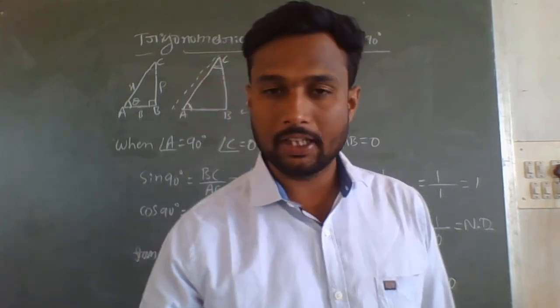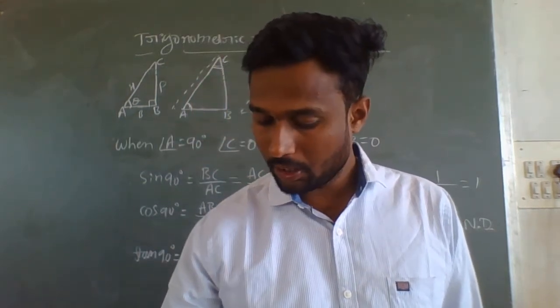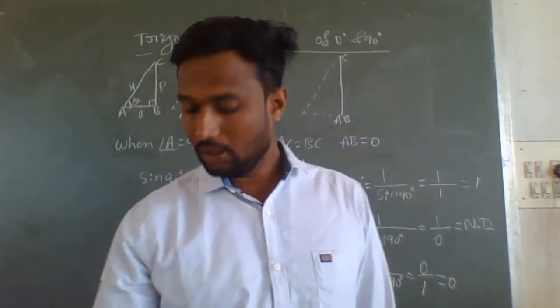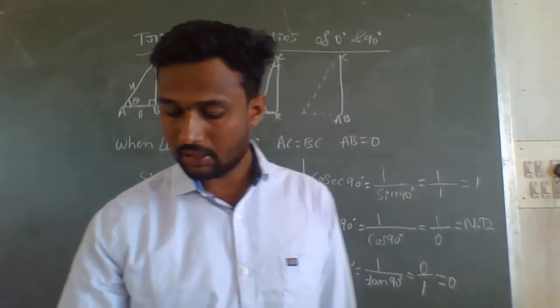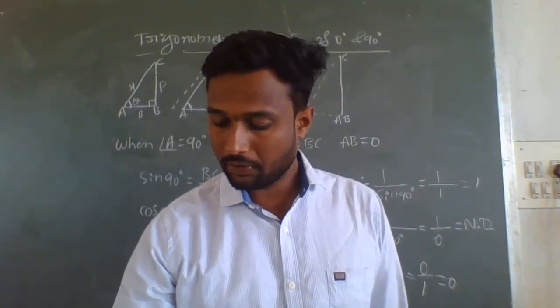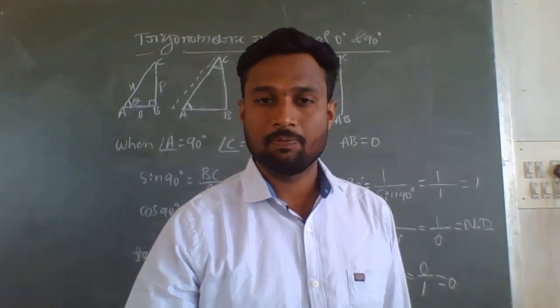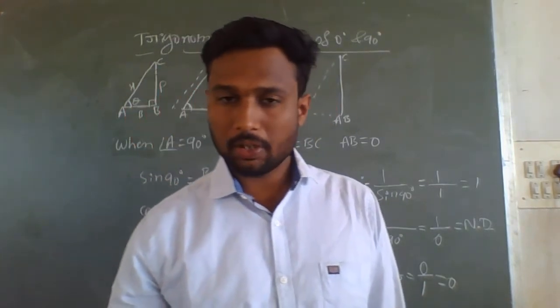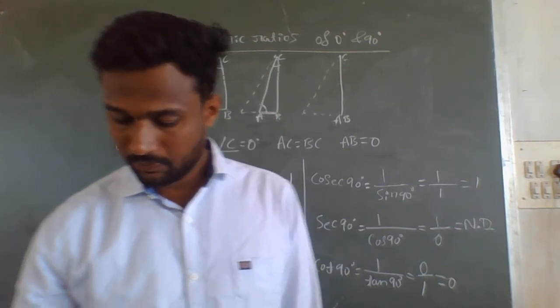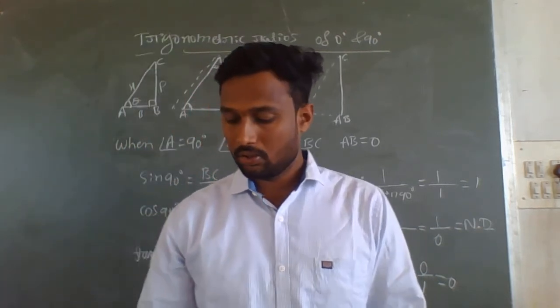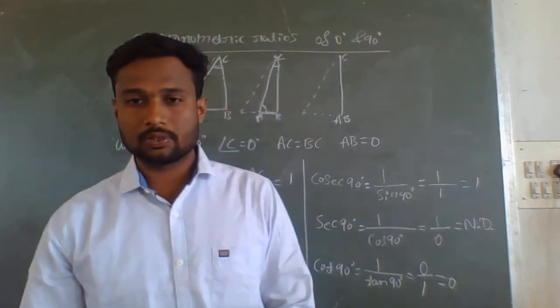Write that table in your notes. They are given these trigonometric ratios with respect to 0 degree, 30 degree, 45 degree, 60 and 90 degree. So remember those values, so that by using these values we will solve problems.